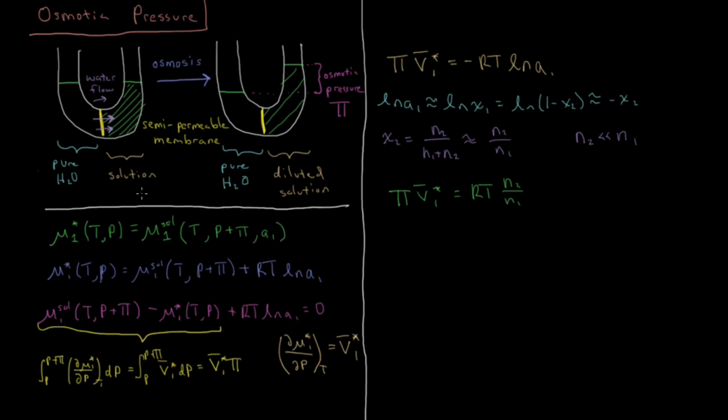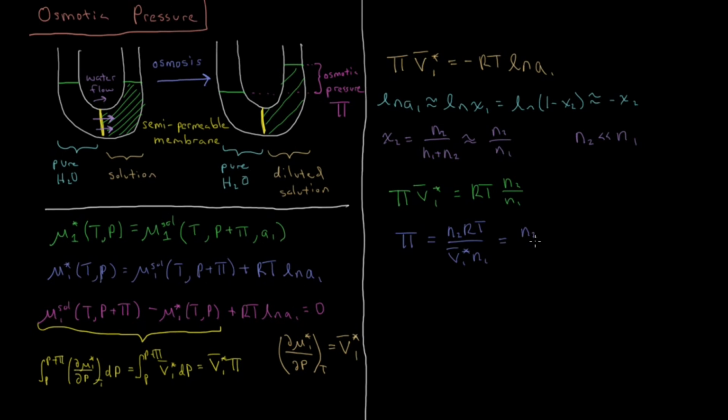All right. And then we can rearrange this equation. We're going to have pi equals N2 RT over V bar 1 N1, which, if we have the molar volume of water times the number of moles of water, well, molar anything times number of moles is just that thing, so molar volume times number of moles is just volume.